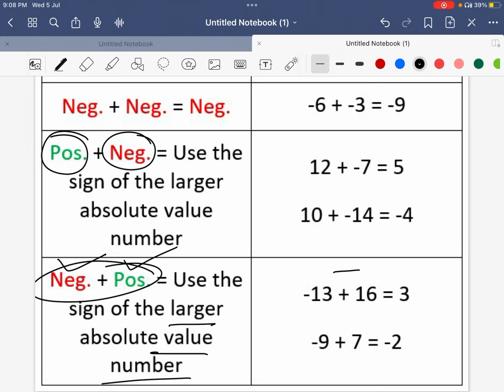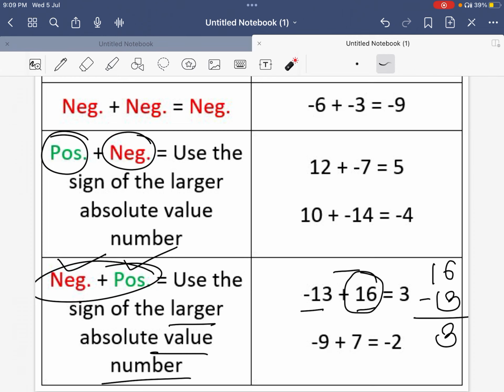Here it is simply minus 13 plus 16. Though we are adding these two numbers, the signs are different, so simply take a subtraction. 16 minus 13, your answer is 3. And what is our main logic? Use the sign of the bigger number. Here 16 is your bigger term, so write down plus 3. Plus 3 is the correct answer.